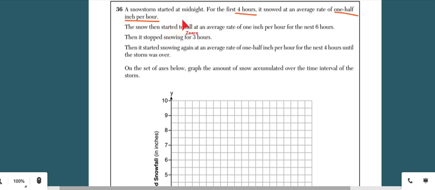Then the snow fell at an average rate of 1 inch per hour for the next 6 hours. Then it stops snowing for 3 hours. Then it started snowing again at an average rate of 1/2 inch per hour for the next 4 hours.